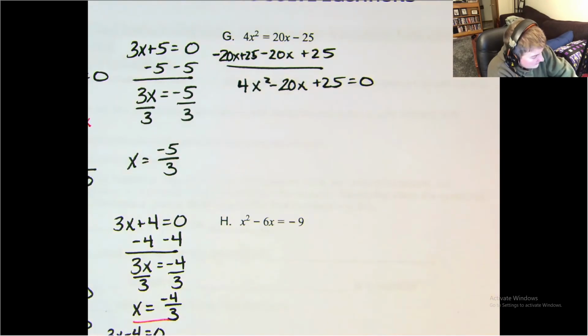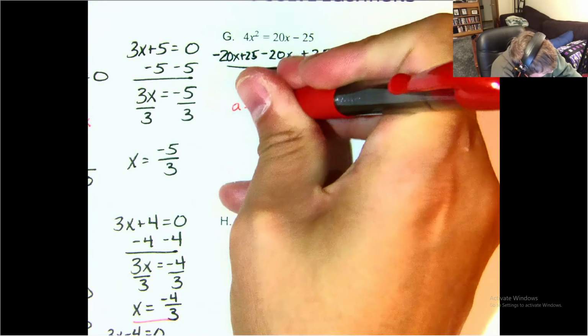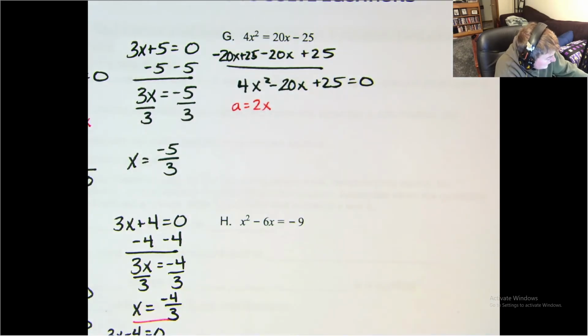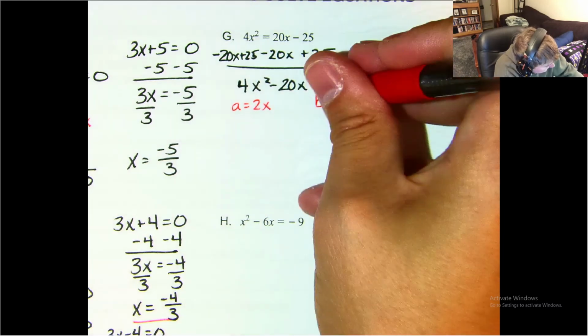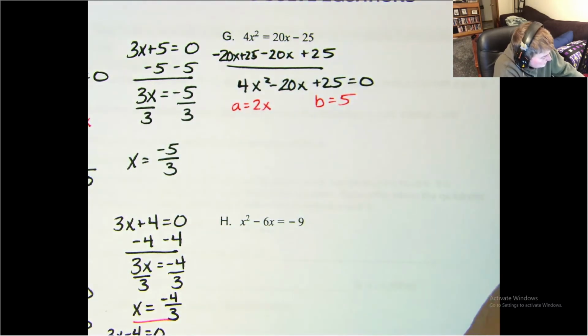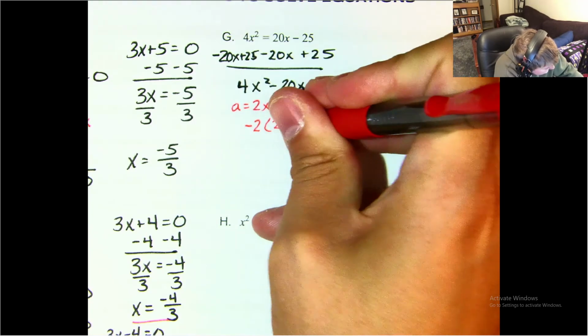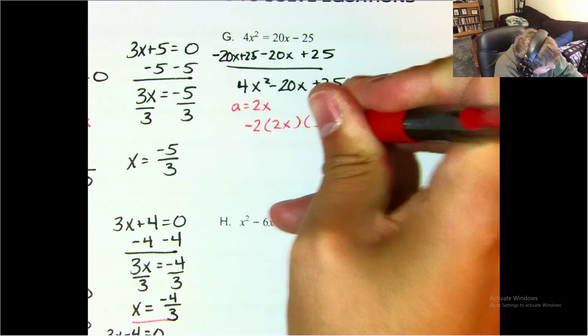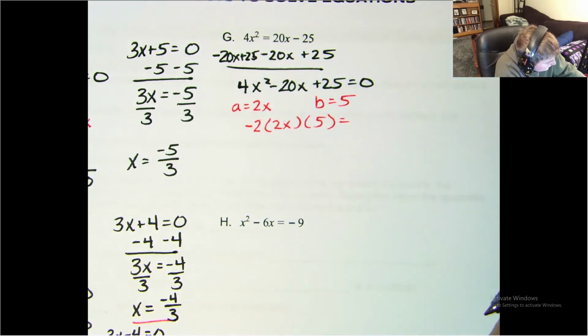I'm identifying my a term as a perfect square. Its root is 2x squared, or 2x. And I'm identifying my b term as a perfect square, and its root is 5. So now I just need to check, does negative 2 times 2x times 5 equal negative 20x? Negative 2 times 2x is negative 4x.